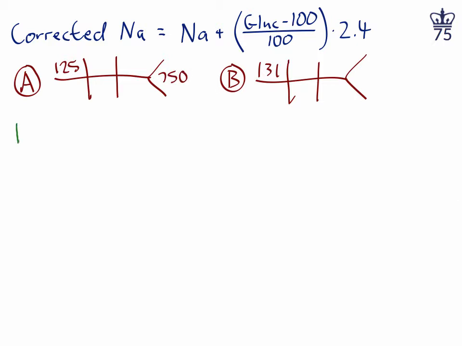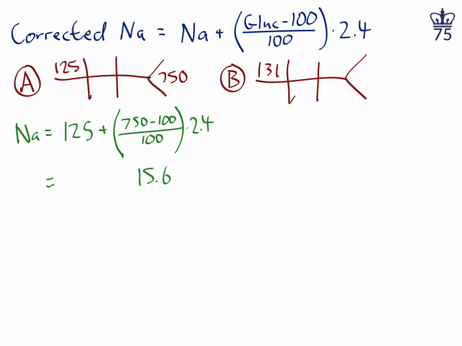We see this by calculating their corrected sodium using the equation I just described, which is measured glucose minus normal glucose, in this case 750 minus 100, which equals 650, divided by 100, which is equal to 6.5, and we then multiply that by the correction factor of 2.4 to get 15.6. Adding this to the measured sodium of 125 gives us 140, which is normal.